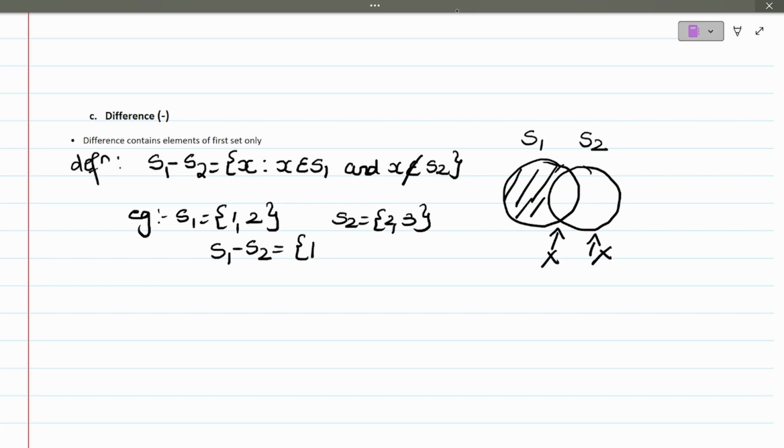See, 2 is repeated in set 2, so I'm not going to write it, because it should contain only the elements from the first set, excluding what is common and what is in set 2. So my difference between these two sets is 1. So these were the three concepts under set operators.